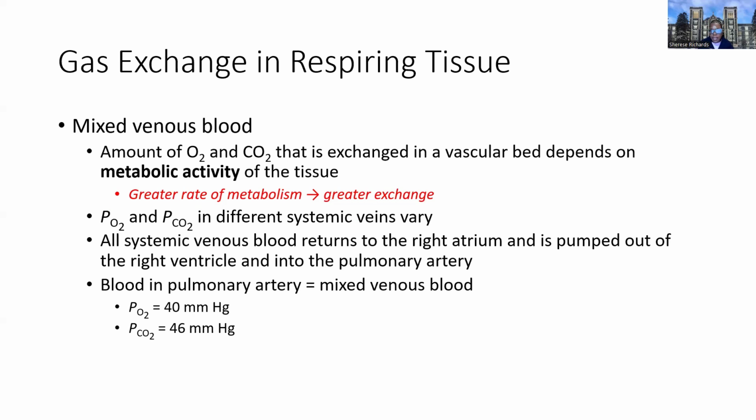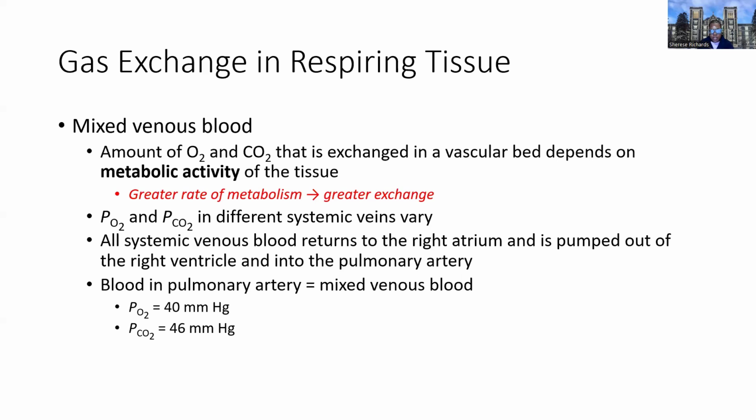The greater metabolic demand, let's say you're exercising, or you're a pregnant woman who has higher metabolic activity, metabolic demand, there's going to be greater exchange of these gases at a faster rate because of that higher tissue demand, meaning that there's going to be faster usage of oxygen and then faster delivering of CO2 as well.